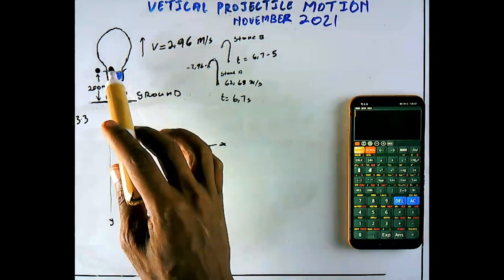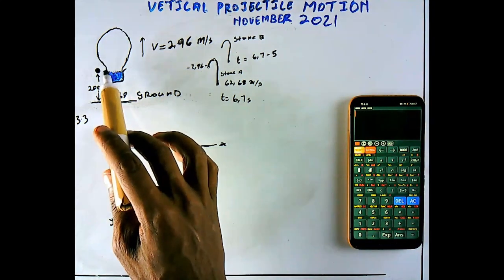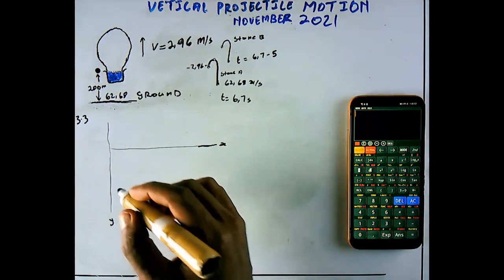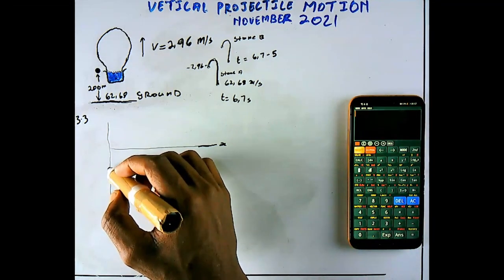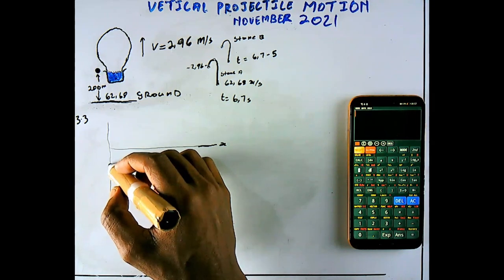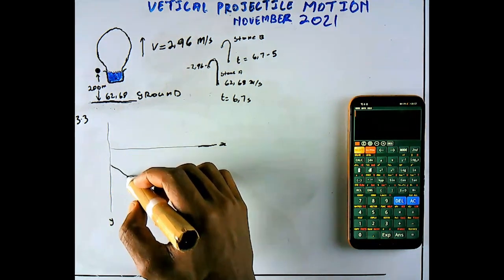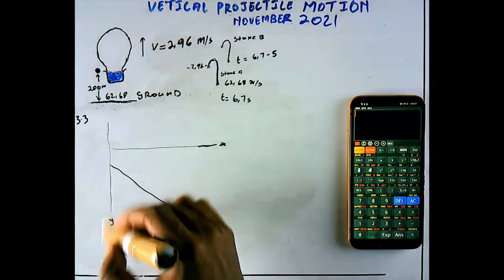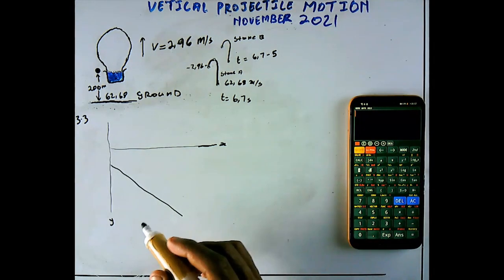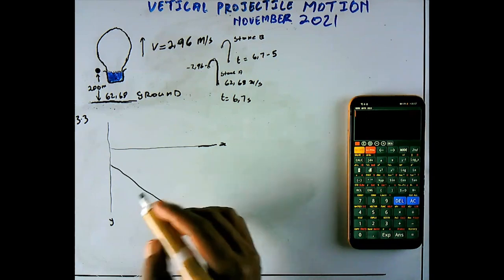They say the hot air balloon and stone A. Remember, the hot air balloon was moving at a constant velocity. So the graph goes like this, because it's increasing, the negative numbers are going up. This is the hot air balloon.